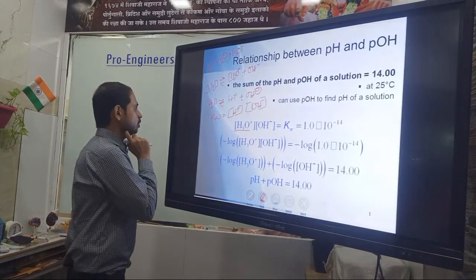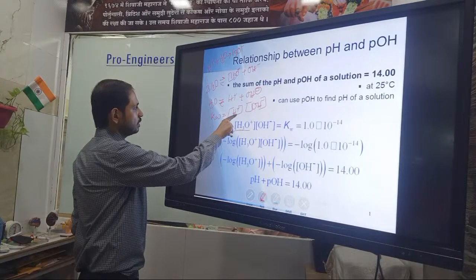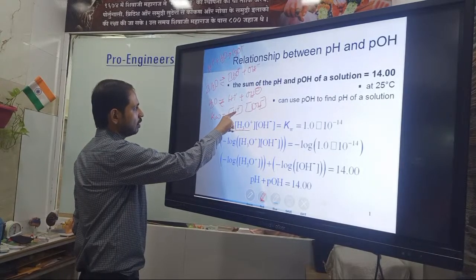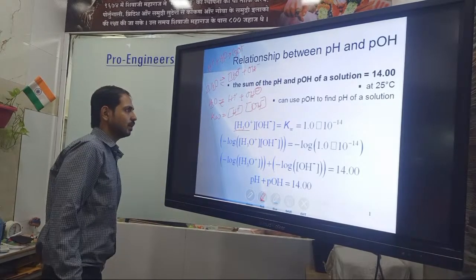Now Kw is 10 to the power minus 14, which is equal to the concentration of H plus multiplied by the concentration of OH minus.